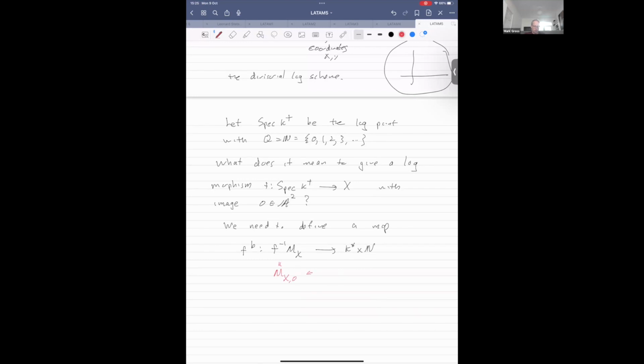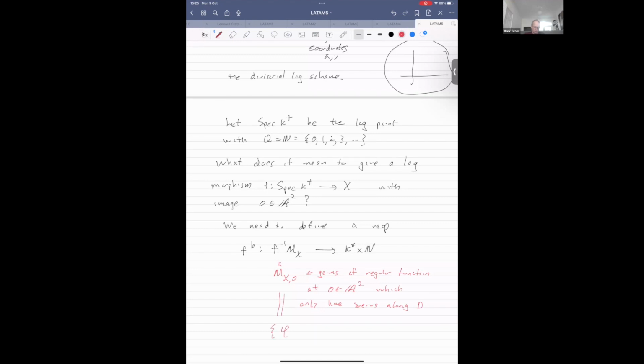So this is germs of regular functions at 0 in A2, which only have zeros along D. I want to be very explicit.